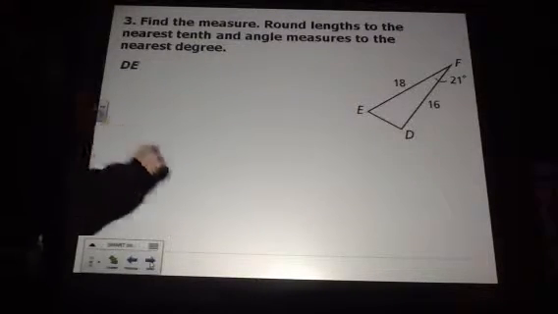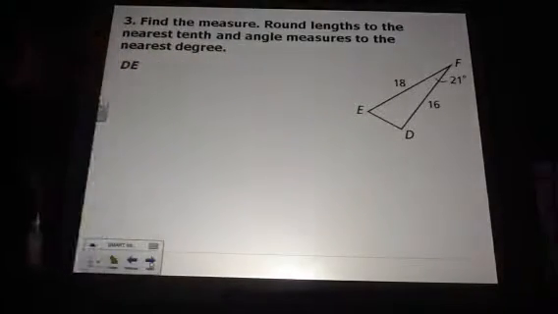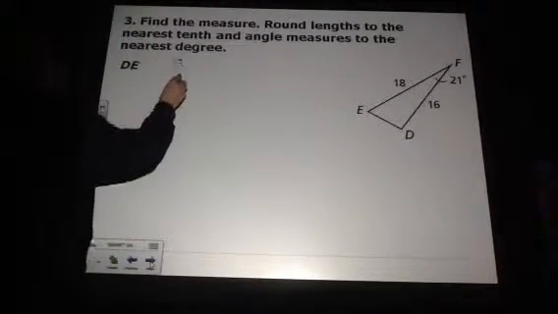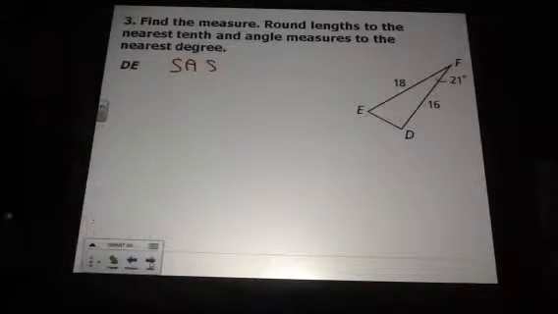All right, looking for a side segment measurement. And we've got side, included angle, side. I'm going to be quiet, see if y'all can do this one on your own.